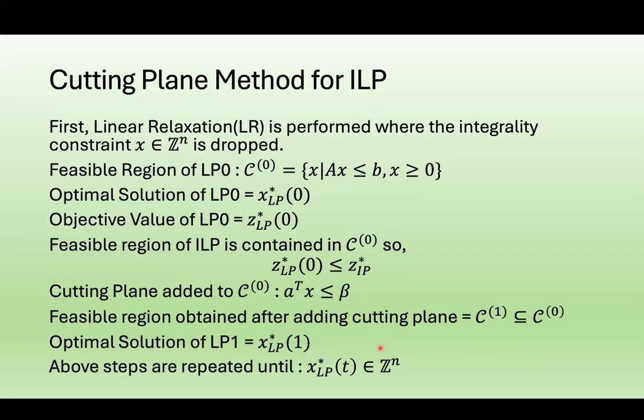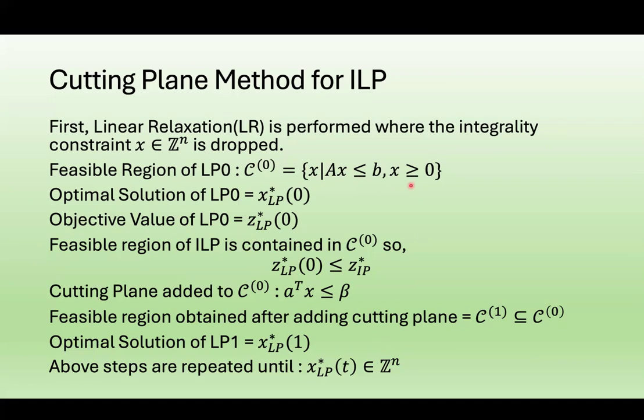Moving on to the cutting plane method for ILP. The very first step, taken at the 0th iteration, is a linear relaxation, which means we just drop the integrality constraints. So the feasible region of the linear programming problem at the 0th iteration is given by C0, x such that Ax less than or equal to b and x greater than or equal to 0.